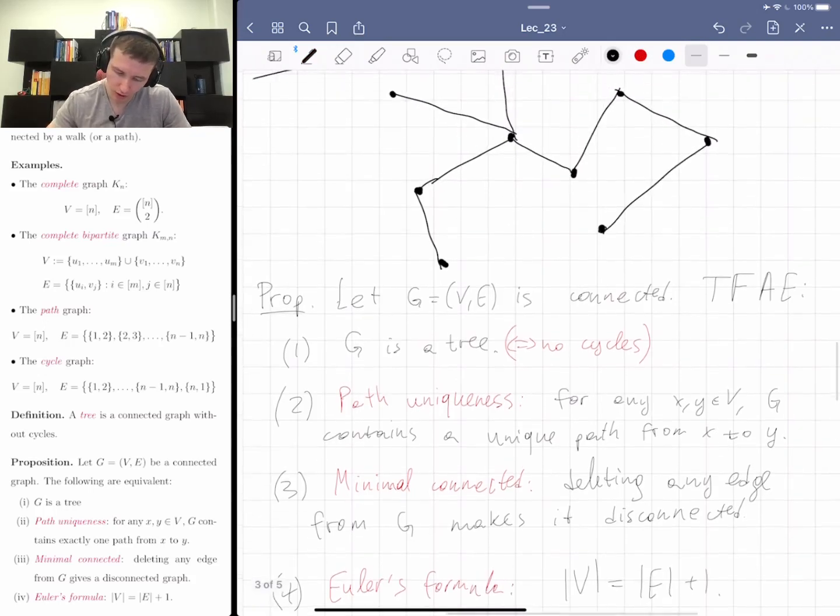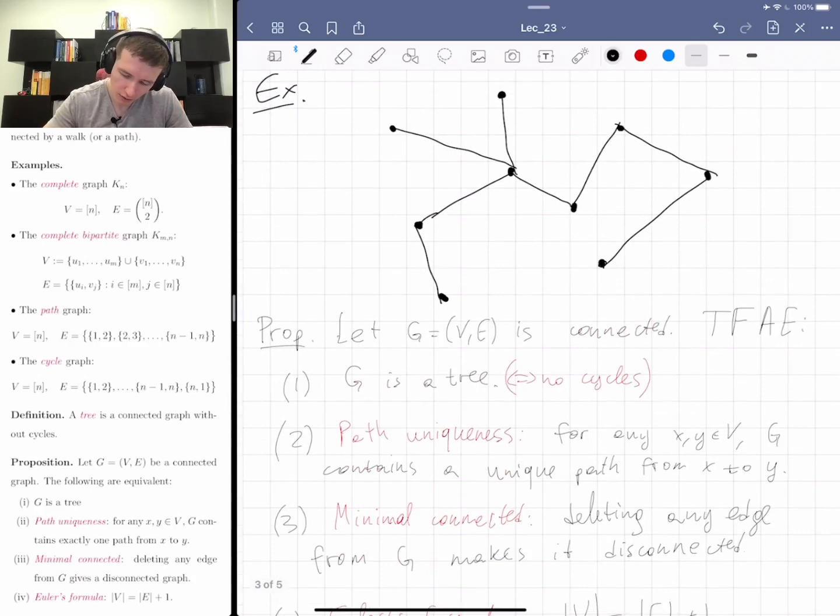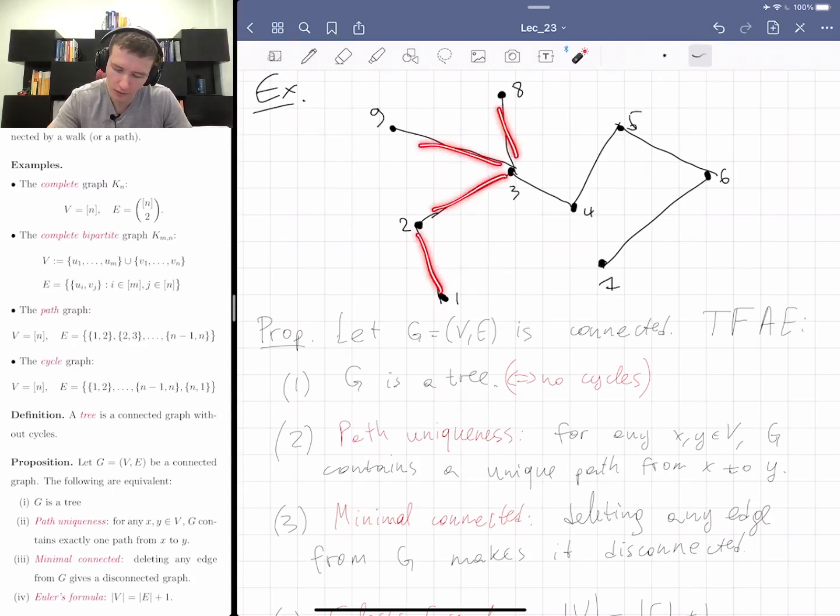So maybe I should count. There are 1, 2, 3, 4, 5, 6, 7, 8, 9 vertices, and hopefully there should be 8 edges. 1, 2, 3, 4, 5, 6, 7, 8. The number of edges is 8.